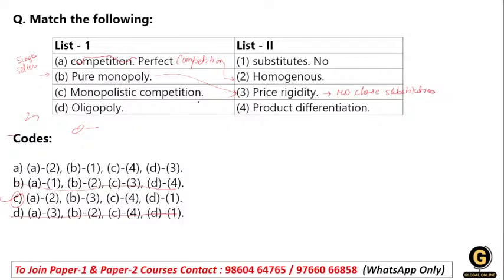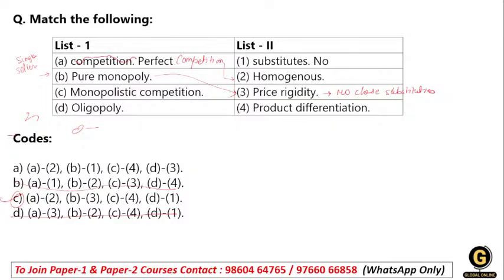In monopolistic competition, it involves product differentiation, where a firm sells similar but not identical products, like mobiles. Both mobiles are the same, used for calling, WhatsApp and other social media, but still there is a variety.